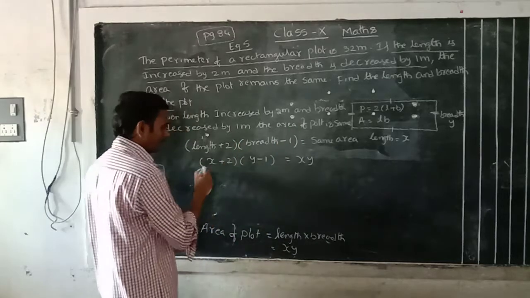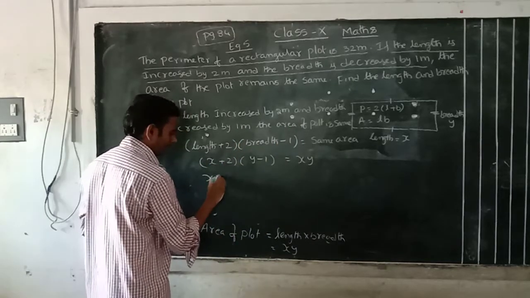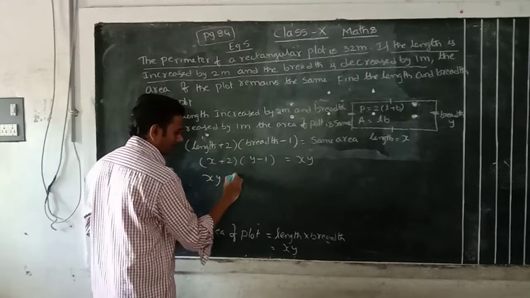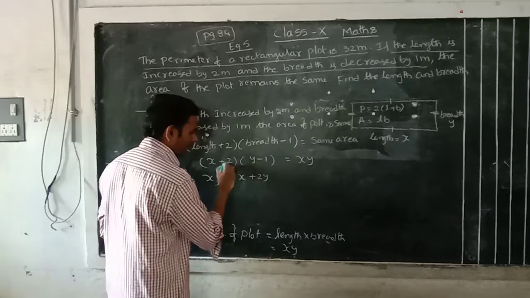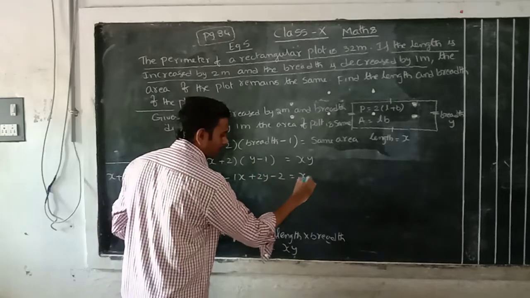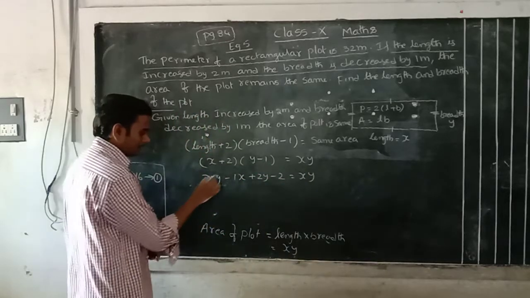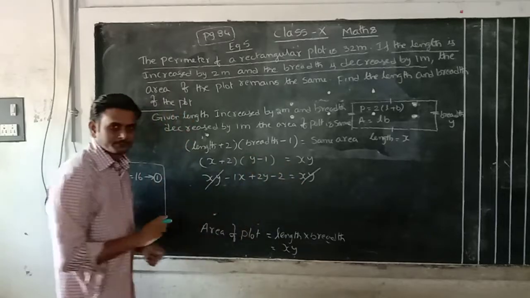Now multiply: x into y is xy, x into minus 1 is minus x, 2 into y is plus 2y, 2 into minus 1 is minus 2, equal to xy. Now we can cancel xy on both sides.